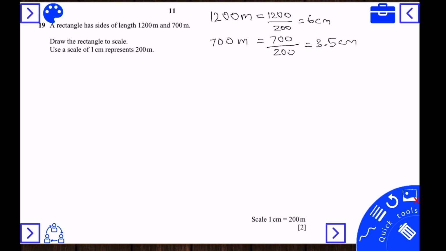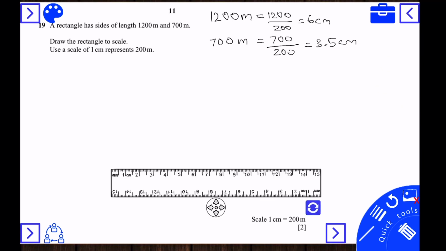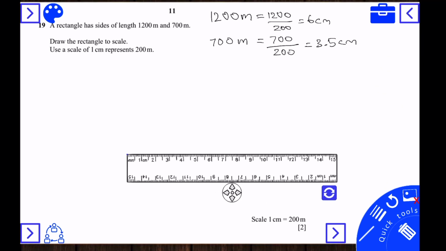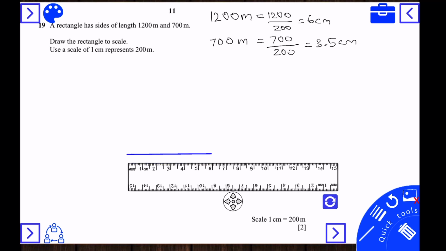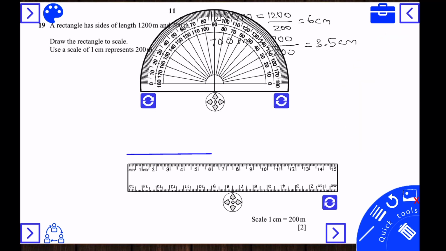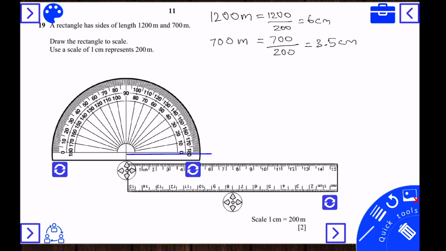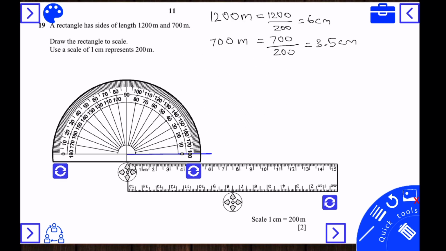Now let's draw the rectangle. So first we get the ruler out and draw a 6 centimeter line. And that's the line. So now let's take the protractor and measure 90 degrees on each side of the line.